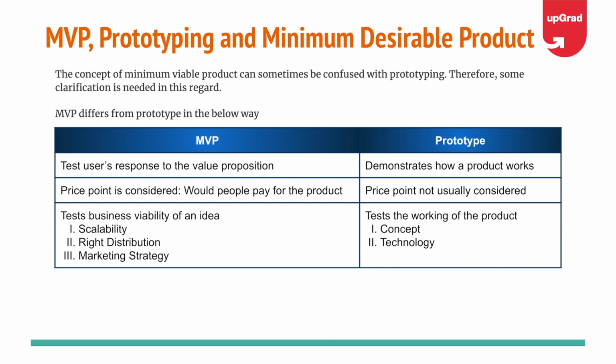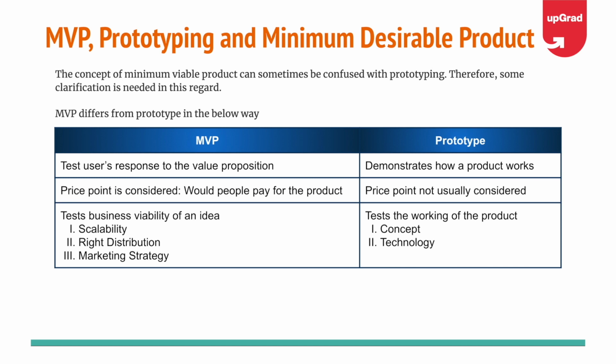Sometimes you want to test a particular distribution model and see whether it's the right distribution model. Sometimes you also want to test your marketing strategy. All these are done in MVP. It's not just about price point or value proposition. It's also about business viability.